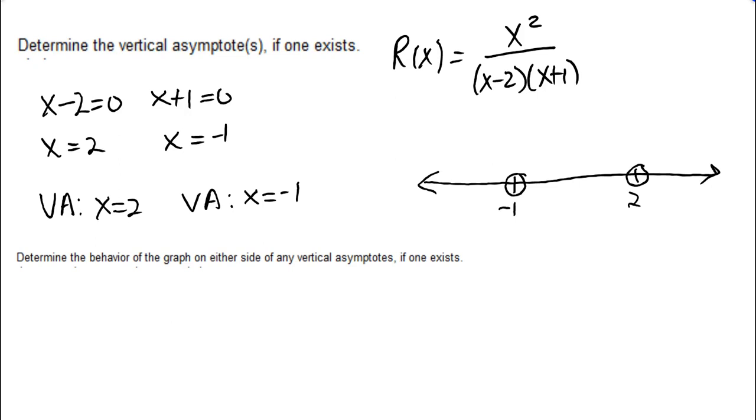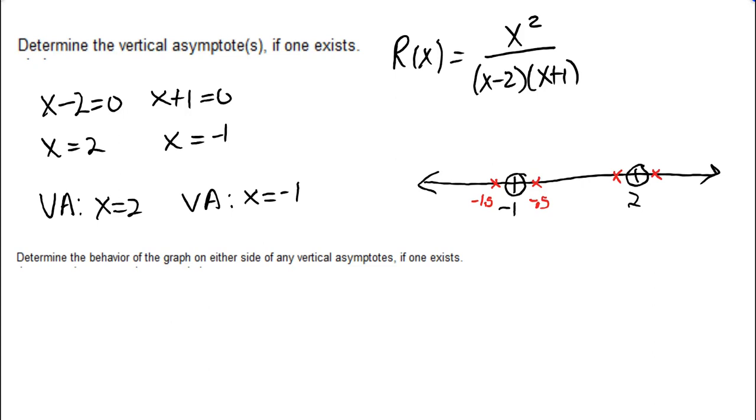So what I want to do is choose test points around that vertical asymptote and the other vertical asymptote and determine what's happening to the y value, and that's going to help me know whether it's going to negative infinity or positive infinity. So for my test point here, I'll choose -1.5. I'm trying to choose something that is close to -1, and on the other side I'll choose -0.5.